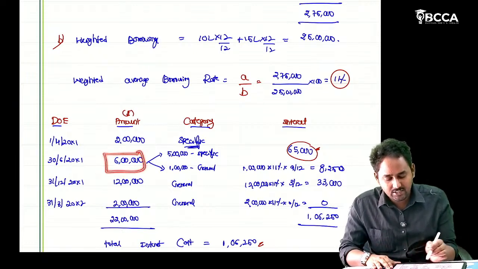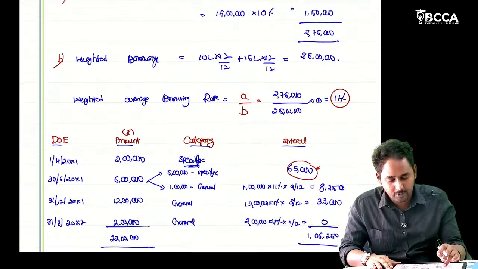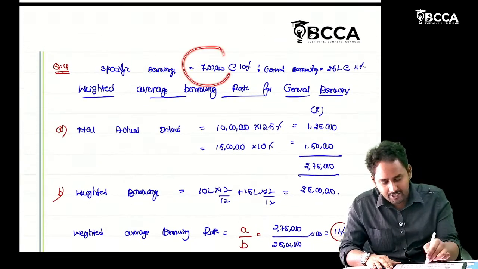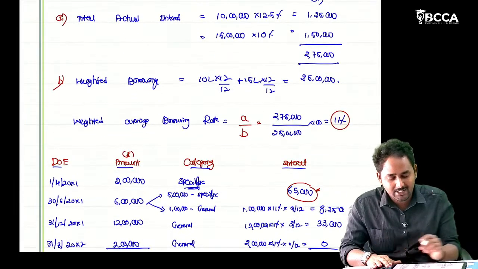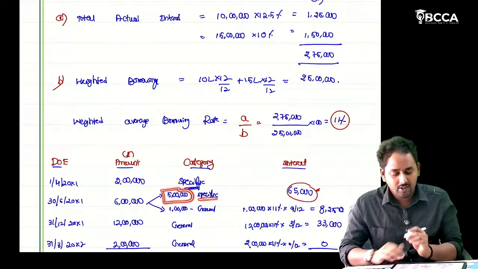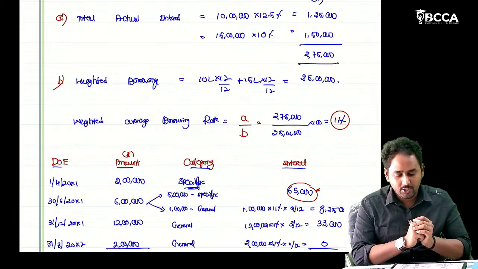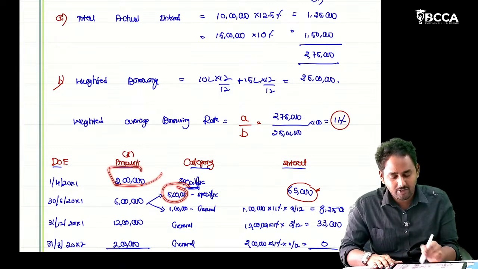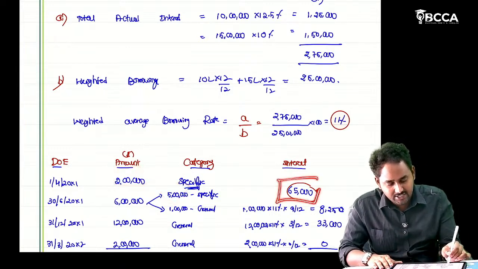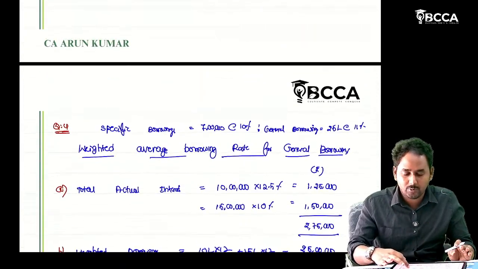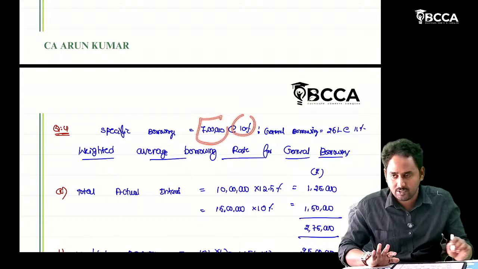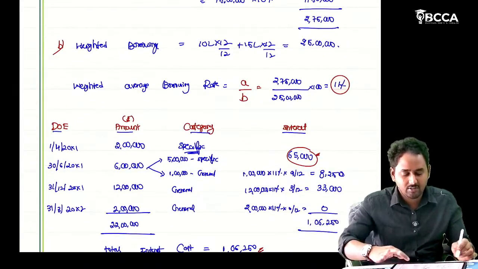Out of 6 lakhs, 5 lakhs are incurred from specific borrowings because total I have taken loan of 7 lakh. Out of 7 lakh, I have already utilized 2 lakh rupees. What is the balancing amount in specific borrowings? 5 lakh rupees. So I need to find out the interest on specific borrowings, 2 lakhs and 5 lakhs. They have given directly 65,000 as the total interest on specific borrowings. So you are not supposed to do 7 lakh into 10 percentage. They are given directly, take that amount.